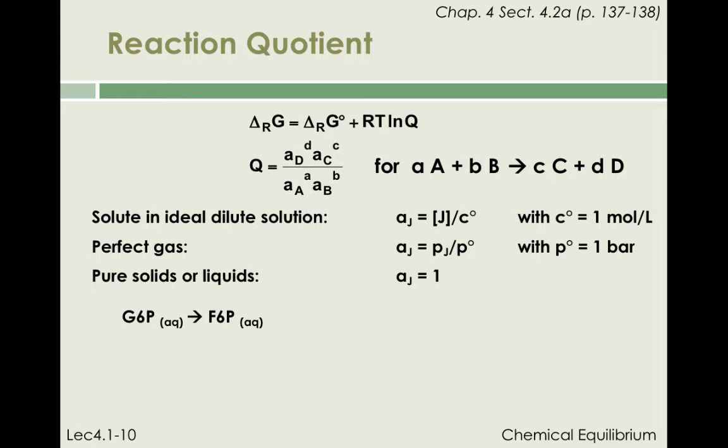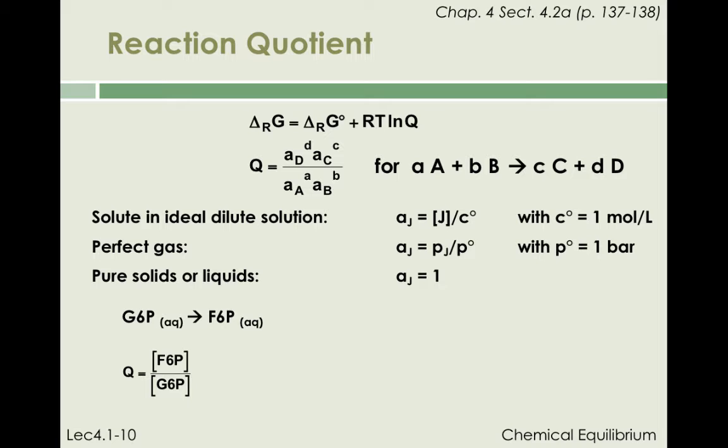Our first example considers the simple isomerization reaction of glucose 6-phosphate to fructose 6-phosphate in aqueous solution, which we studied earlier. We write Q equal to the ratio of activity of the product, F6P, divided by activity of the reactant, G6P.